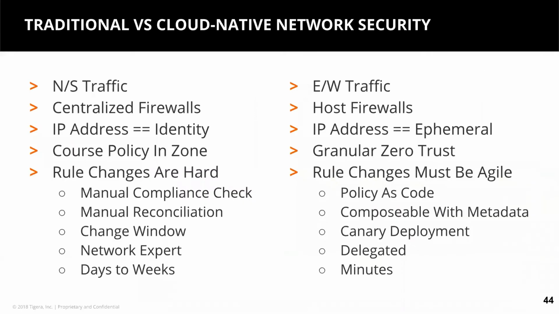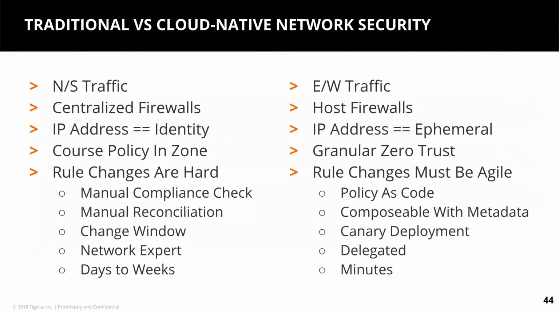So coming back to the comparison that we looked at earlier, in a traditional model, north-south traffic was the predominant form of communication. In the new model, east-west traffic is the predominant form. We've moved from centralized firewalls to host-based firewalls. We no longer are using the IP address for identity, right?